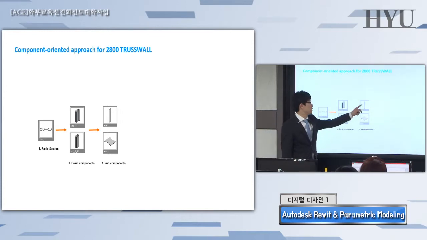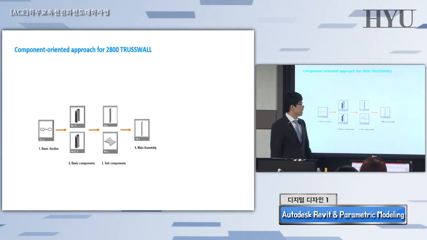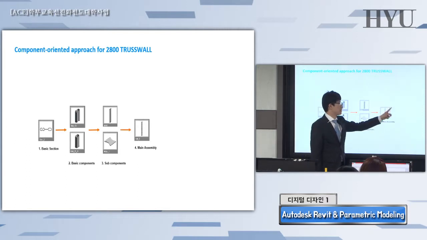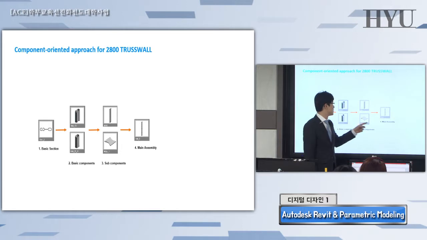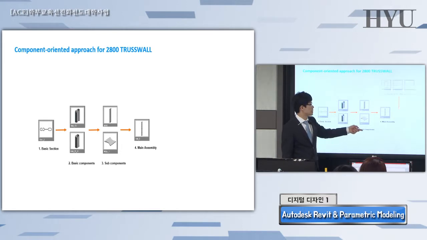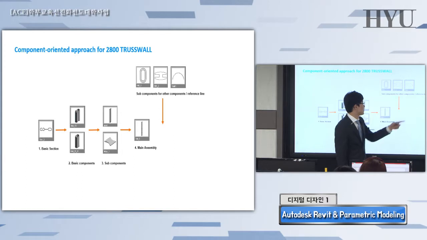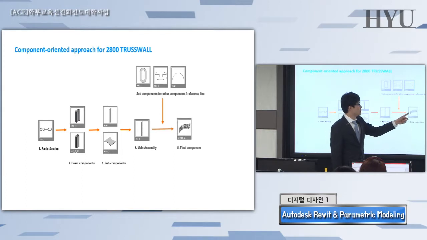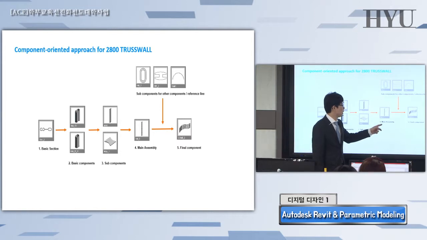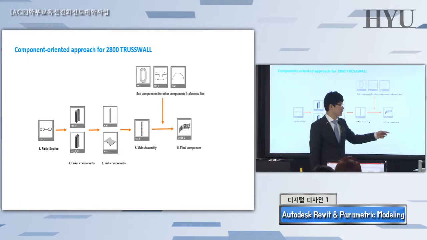The front frame and the rear frame. And then the main assembly can be assembled like this way based upon this process. And then some more additional geometry we need: some horizontal bar section and shape. So we can make this kind of assembly. Actually, this is an assembly, but this is the final project assembly.